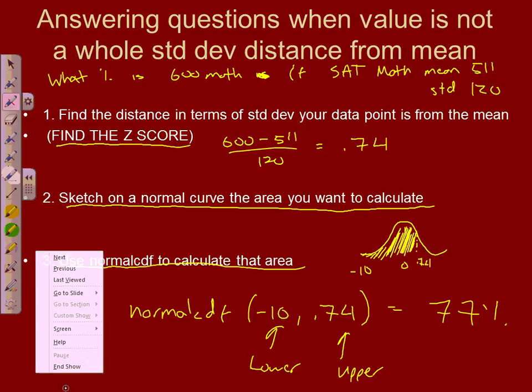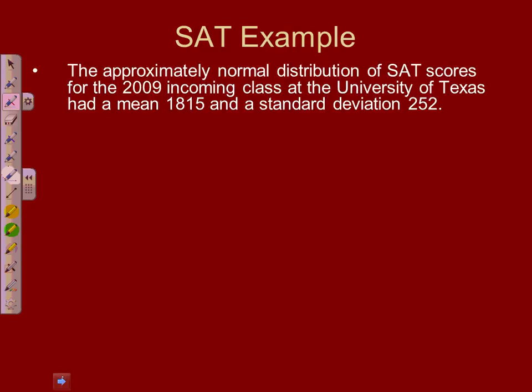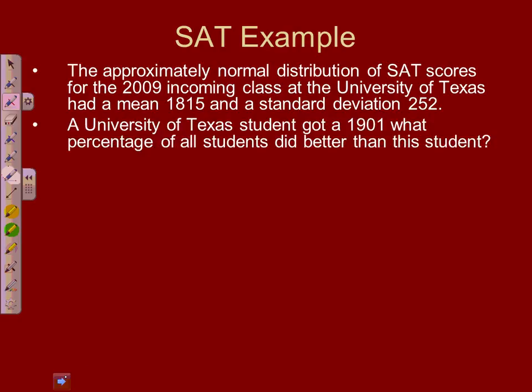First problem, another SAT problem, I believe. Overall SAT scores for the 2009 incoming class of the University of Texas had a mean of 1815 and a standard deviation of 252. Okay? A University of Texas student got a 1901.